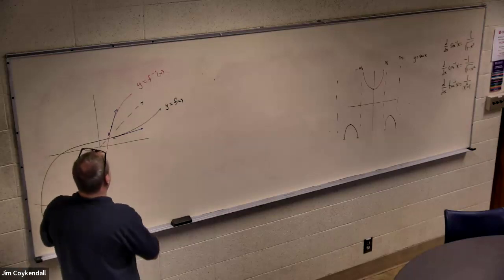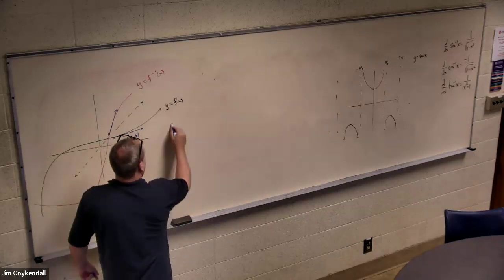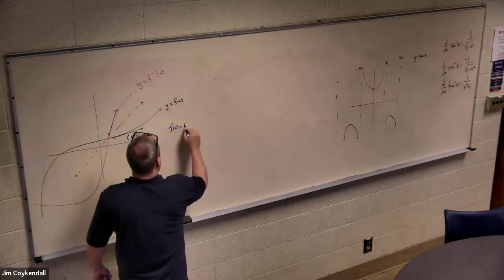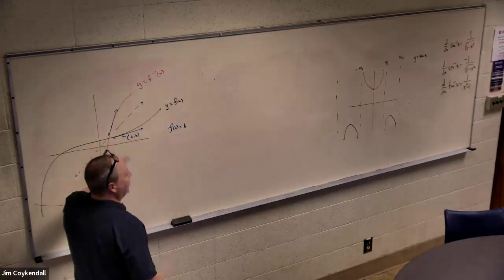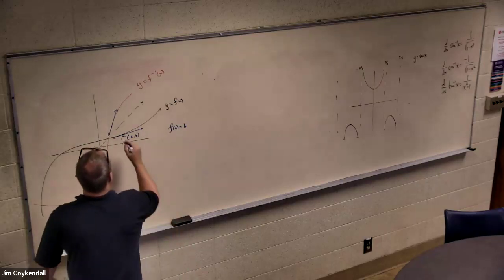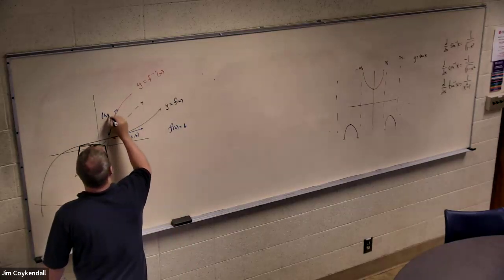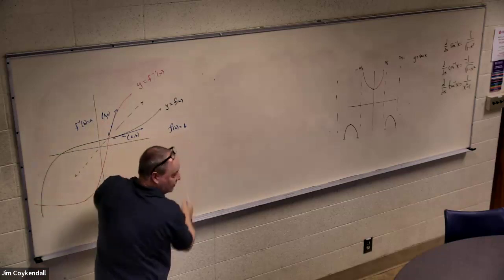In other words, if this is the point (a, b), by the way, this means f(a) = b. This point is on the original function. What's the corresponding point on the inverse function? Good. The other point is (b, a), because f inverse of b is equal to a. And that's what inverse functions do.